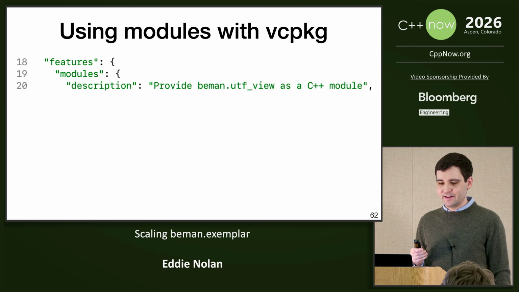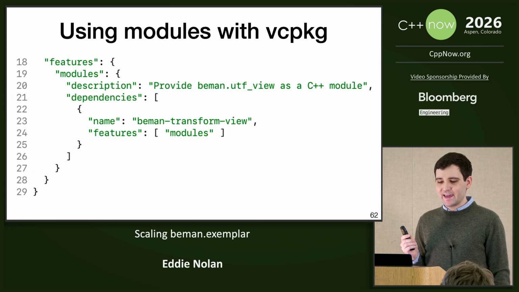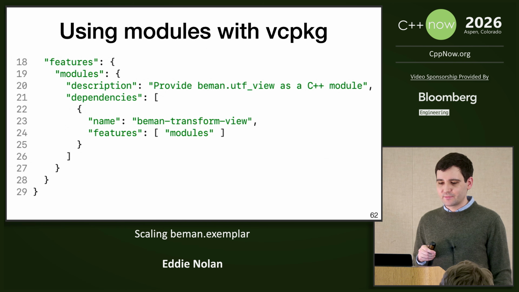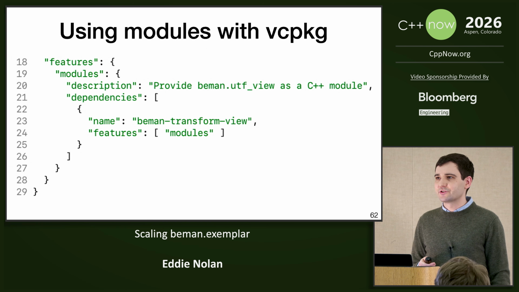It has a module feature, but it also is able to tell VC package that, hey, if you're configuring me as a module, you also need to configure beam and transform view as a module as well. And that way we have packaging and transitive dependencies working for modules with our VC package setup. And this is also all tested in CI to ensure that this all works.